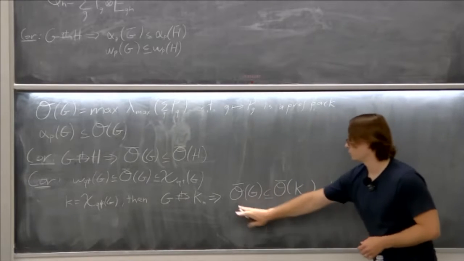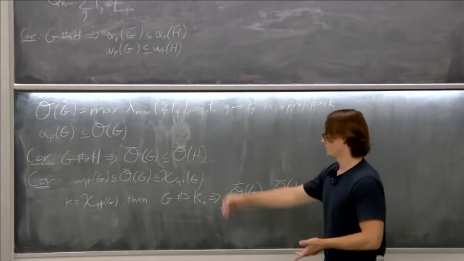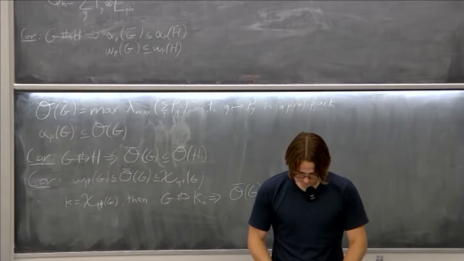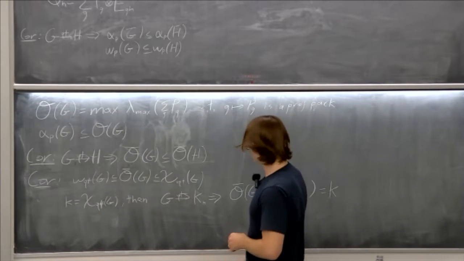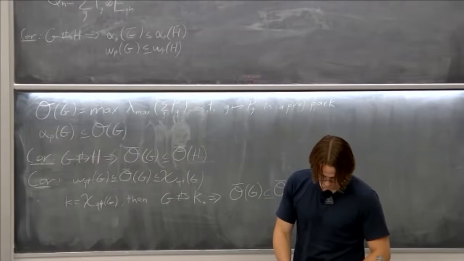So we get that theta bar is less than or equal to k, which was the quantum chromatic number of G. And then the proof for the other one is the same. Of course, I can put this omega_p in the middle here if I want, but that's fine.